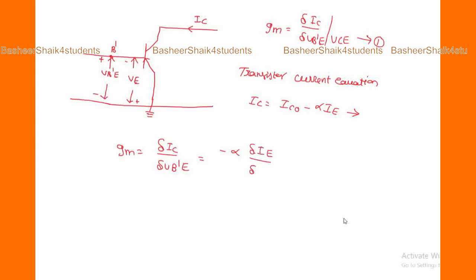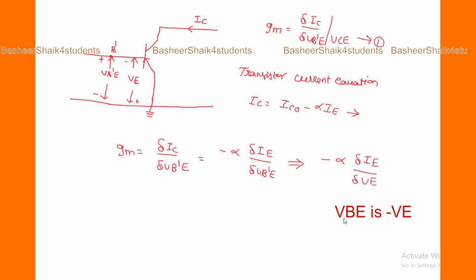If you observe, the VB'E itself is equal to VE, so we can further modify this equation as minus alpha into change in the IE by change in the VE.